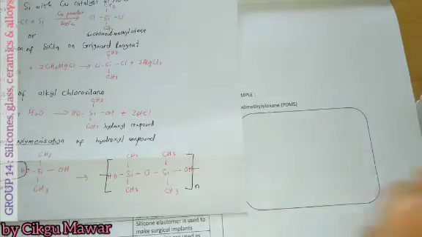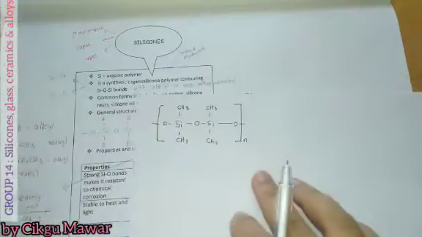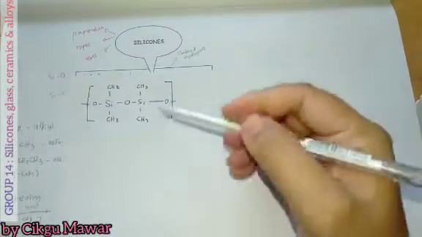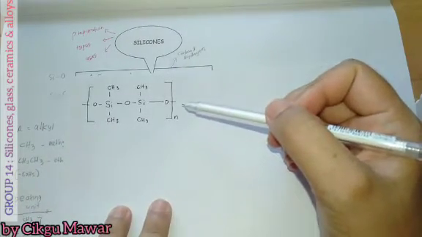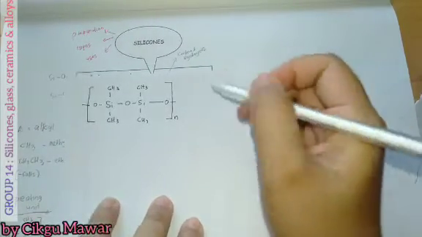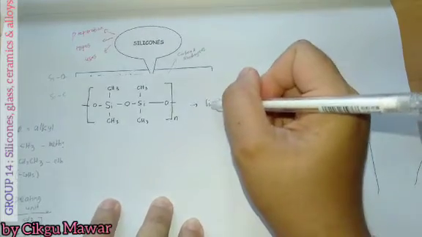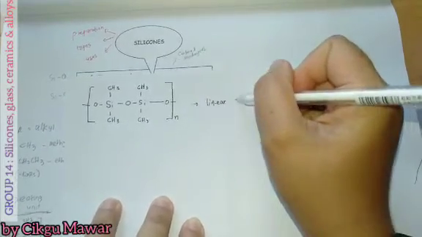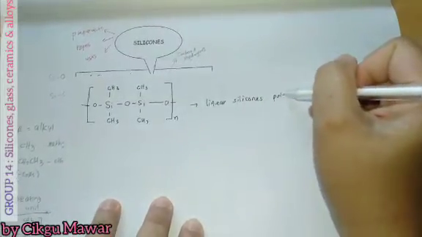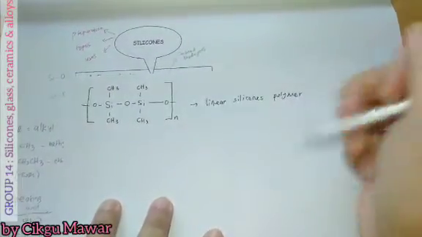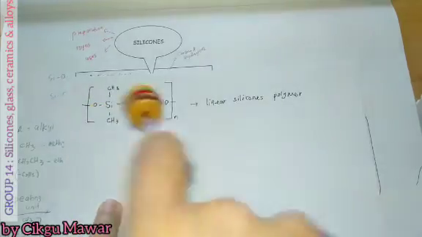Now from this product form, I will rewrite here. So this we call a linear silicon polymer, because it's one layer only.